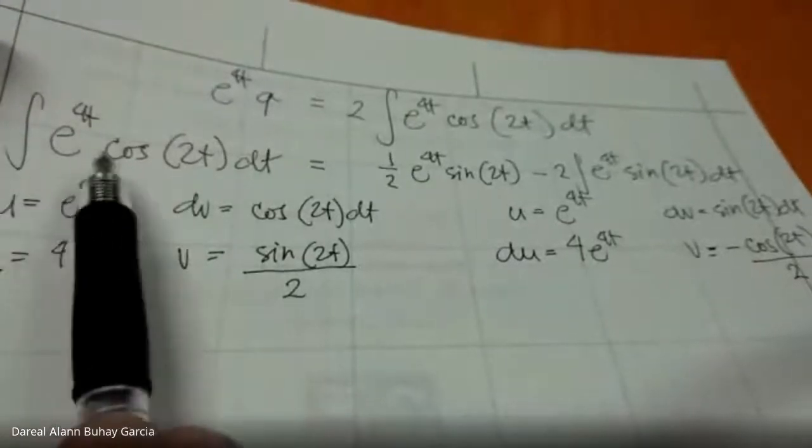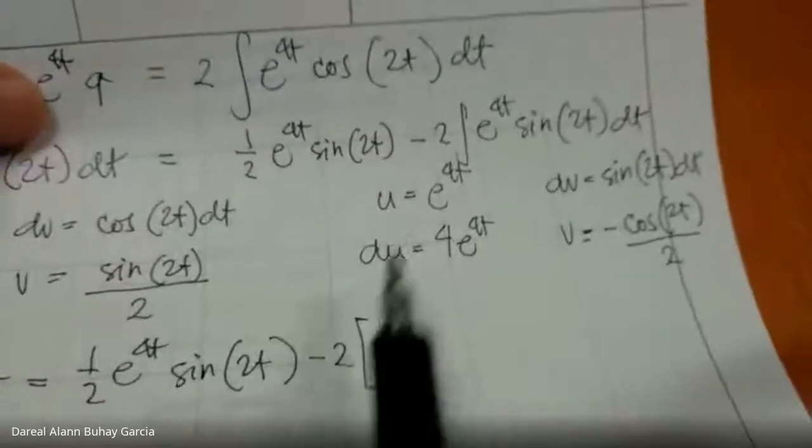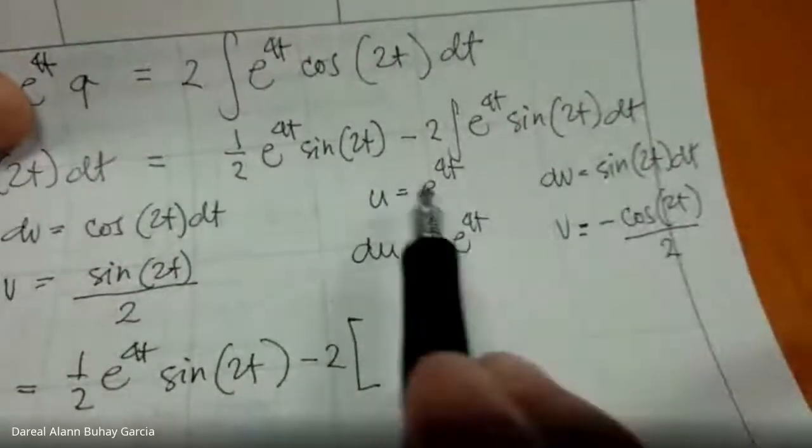So, combining everything, this becomes the integral of e^40 cosine 2t dt is equal to 1/2 e^40 sine 2t minus 2. The integral of e^40 sine 2t dt is uv minus v du.